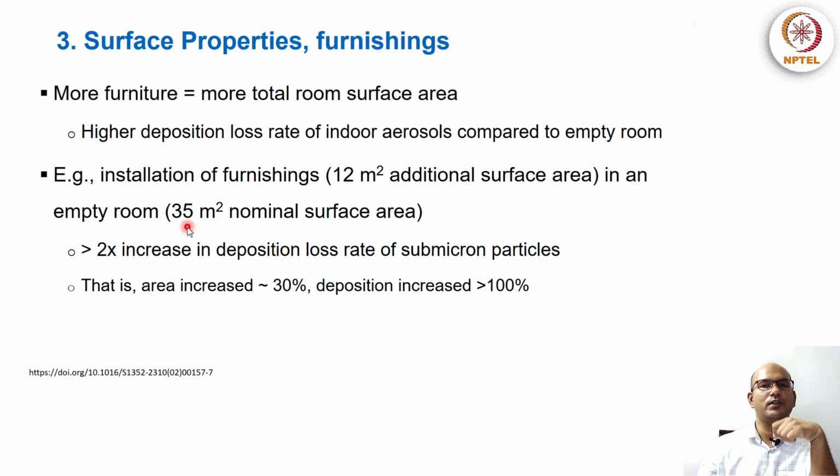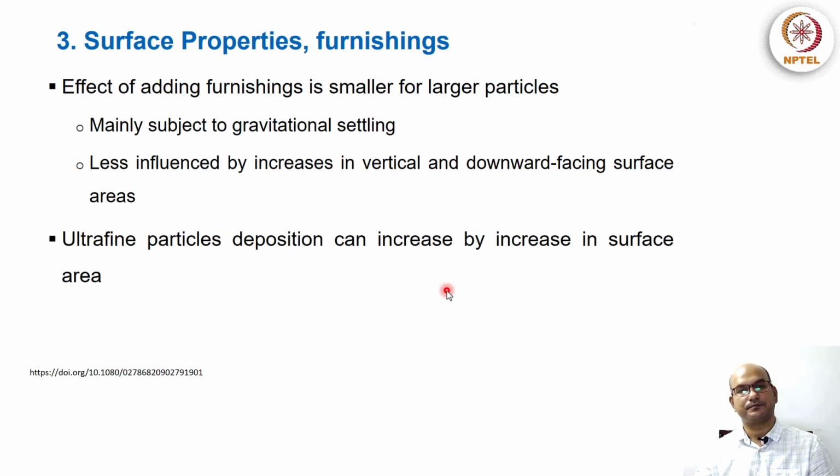So the overall available surface area increased by 30%, but the deposition loss rate of submicron particles was 2 times, so a 100% increase. So the area increased by only 30%, but the deposition increased by more than 100%. So installation of additional furnishings or surface area will substantially influence the overall removal or deposition of the aerosols.